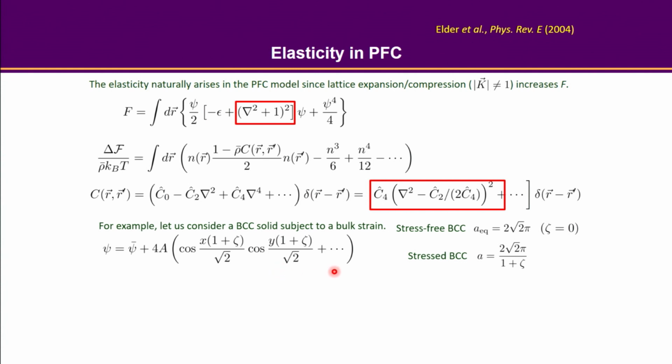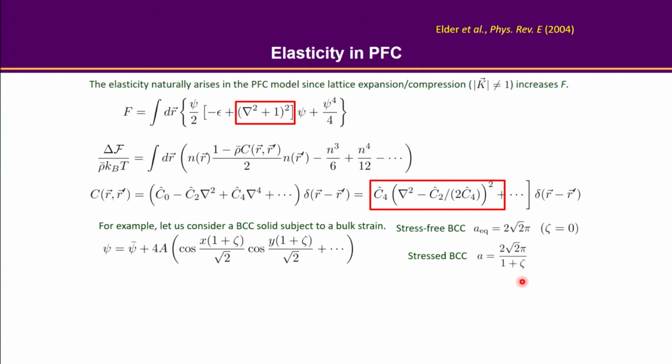But now, because in this case I'm actually trying to squeeze my BCC in each direction and reduce the dimension by this 1 plus zeta factor. For stress-free BCC, each side will be 2 square root 2 times pi. But if there's some squeezing, then zeta is something positive.